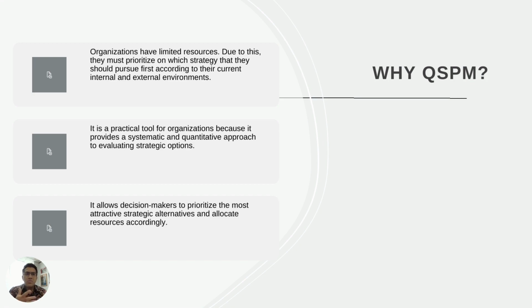So that's why they need to know, between the strategic options that they have, which one they should implement first. And then, it is a practical tool for organizations because it provides a systematic and quantitative approach to evaluating strategic options. And finally, it allows decision makers to prioritize the most attractive strategic alternative and allocate resources accordingly.